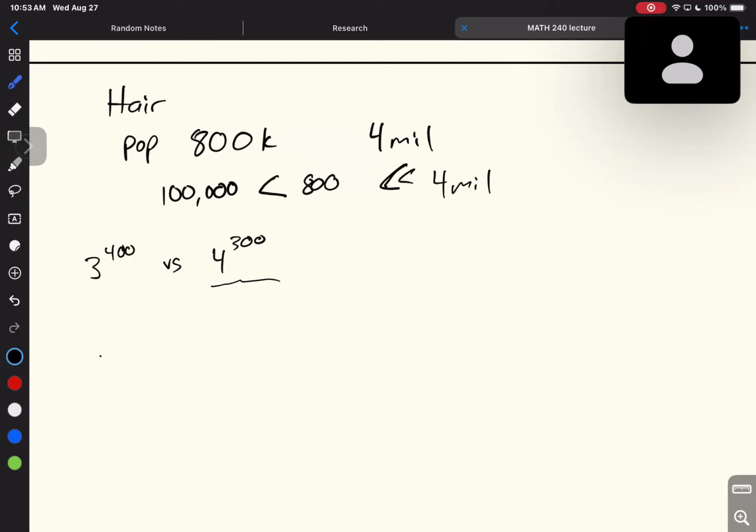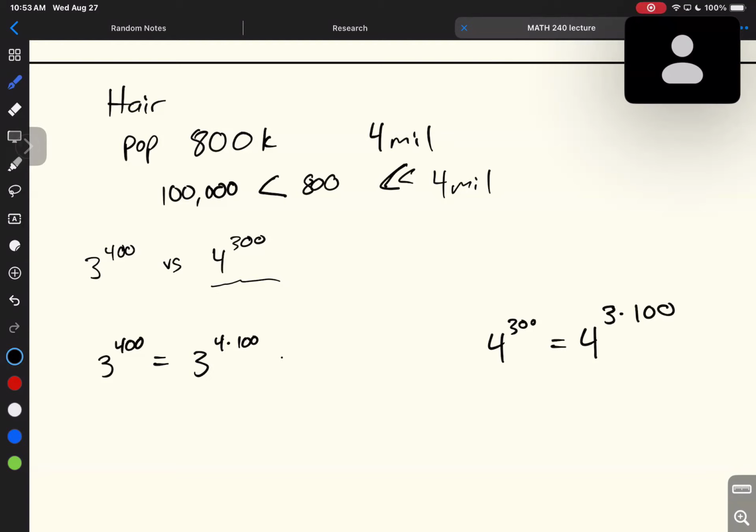There are exponent rules which we'll cover a little bit today, where 3 to the 400 is the same as 3 to the 4 times 100. Similarly, 4 to the 300 is equal to 4 to the 3 times 100.